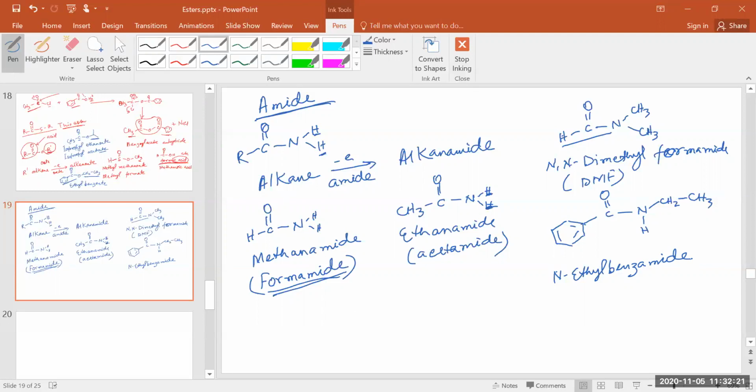When it is a cyclic structure, the nomenclature is slightly different. Let's say here CH3, CH2, CH3.